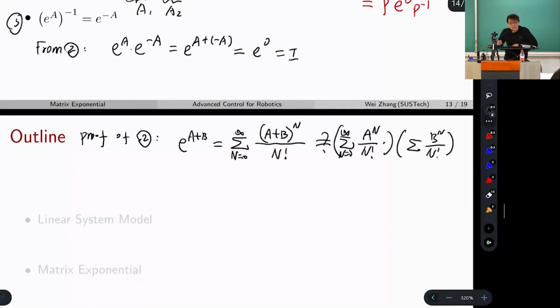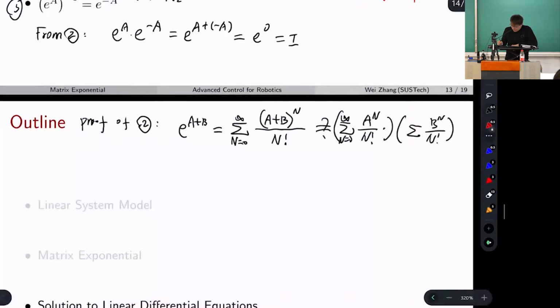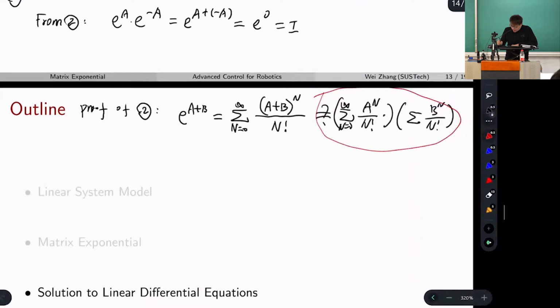Can you show this? It's pretty hard, by the way. I'm going to give you some key steps. I think it has nothing to do with the matrix exponential anymore. It's just basic algebra and some series.